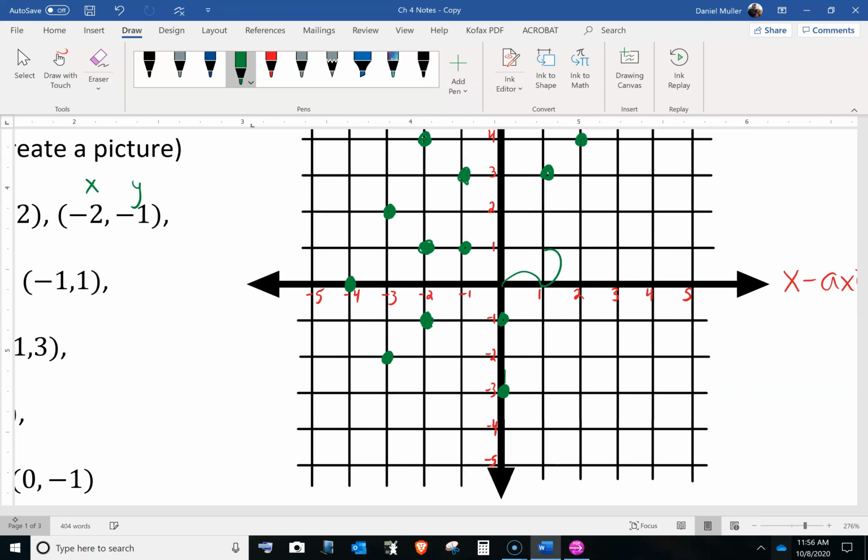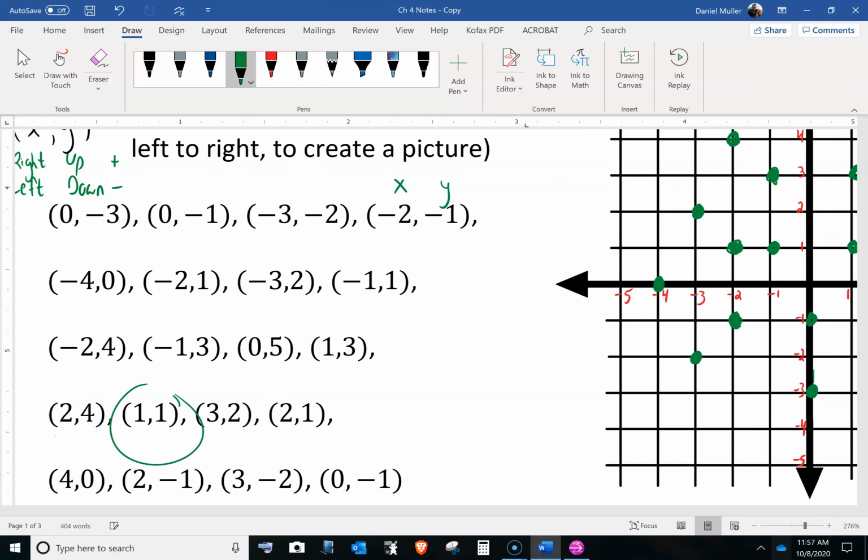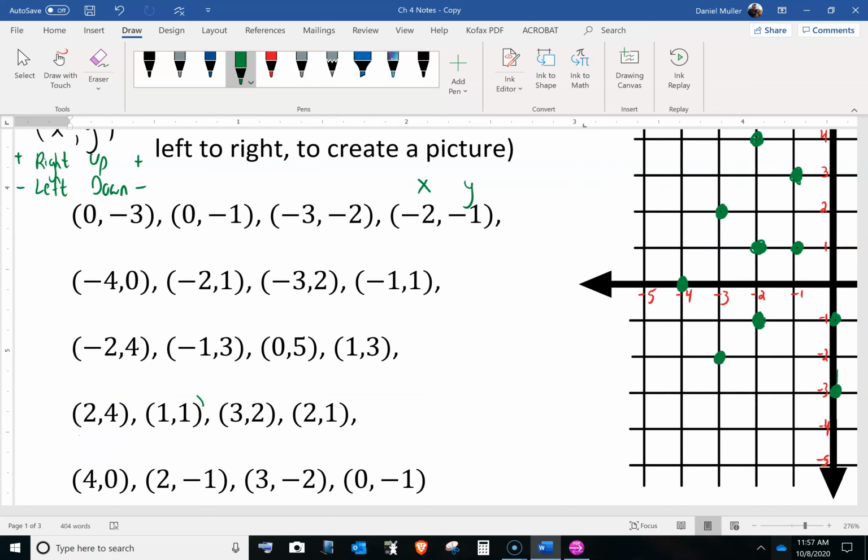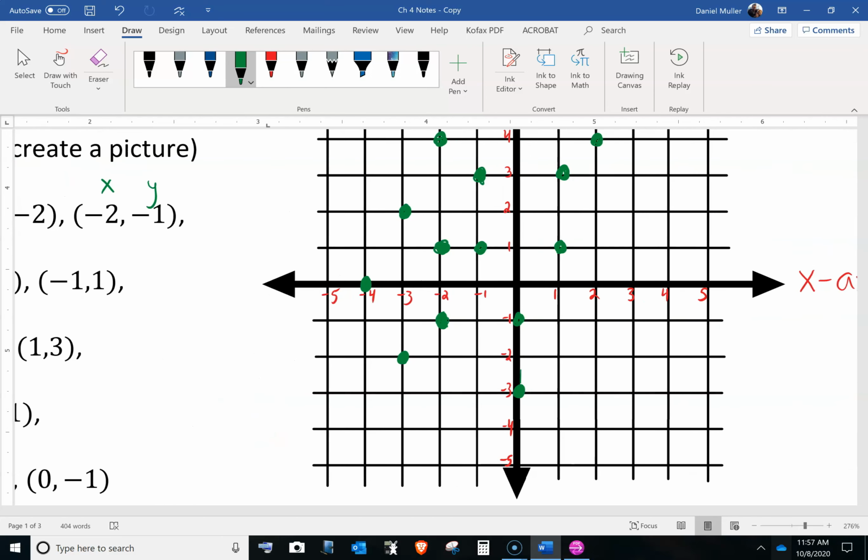Right 1, up 1. And let's keep going here. Again, these are all positives. Positives mean right and up. So the first one is going to be right 3, and then up by 2.